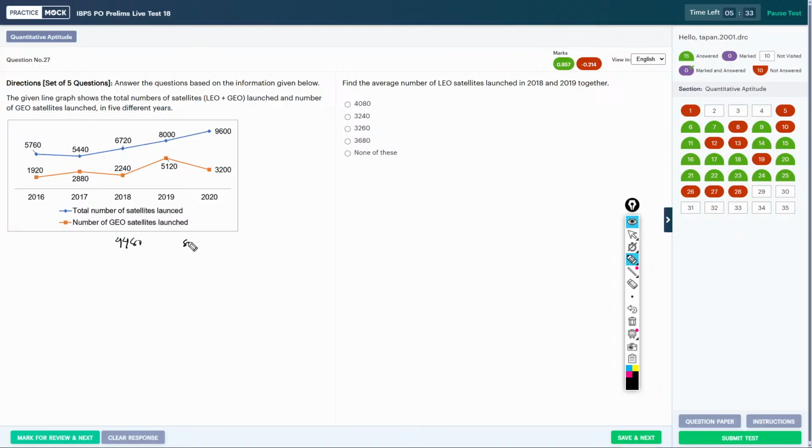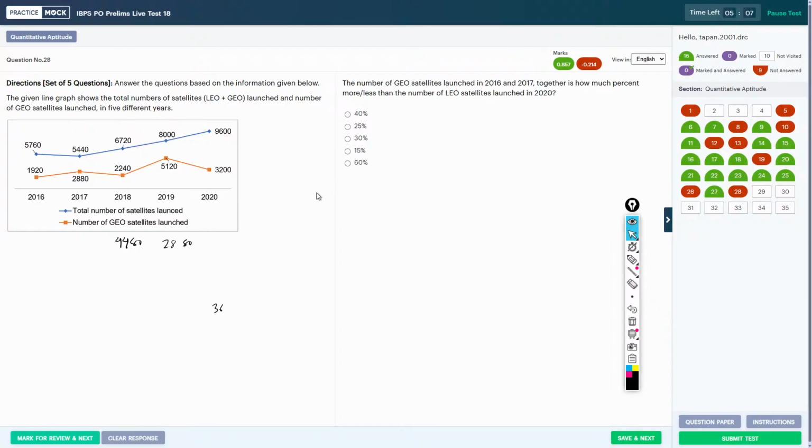So 80 and 6 by 2, either 3 or 8. Okay. 80, 28, 28, 80. So 24 and 28 is 6, 8. So 3680.